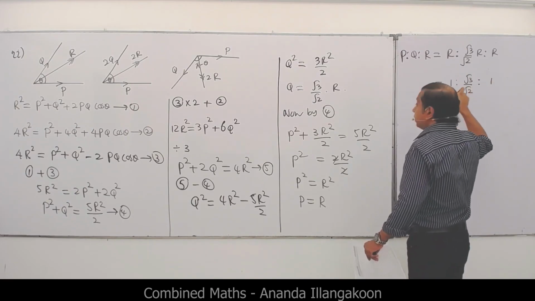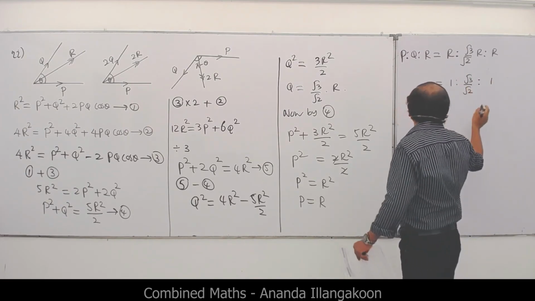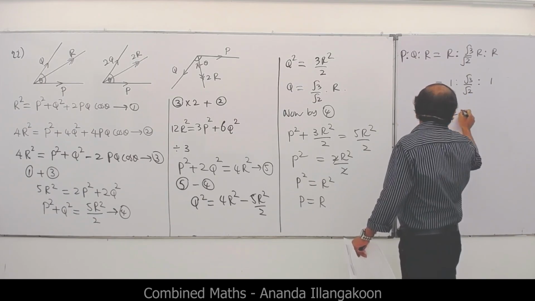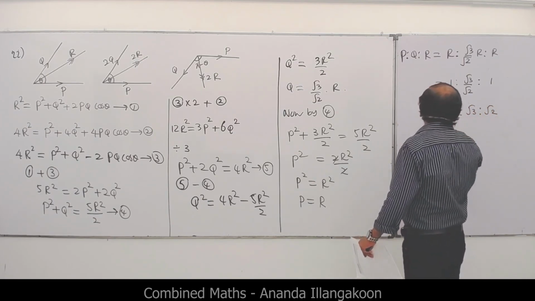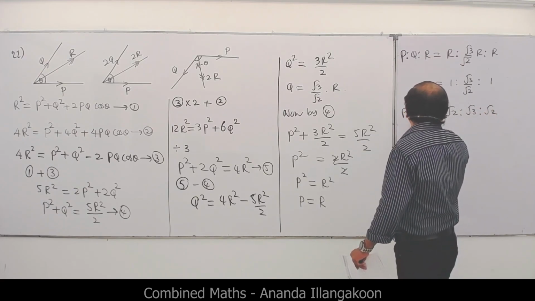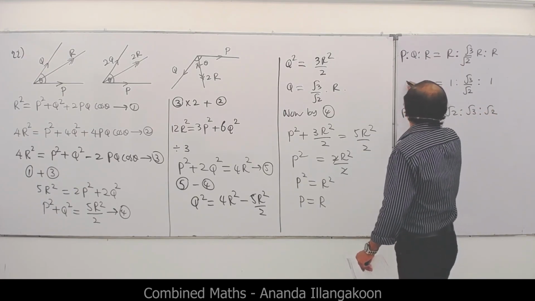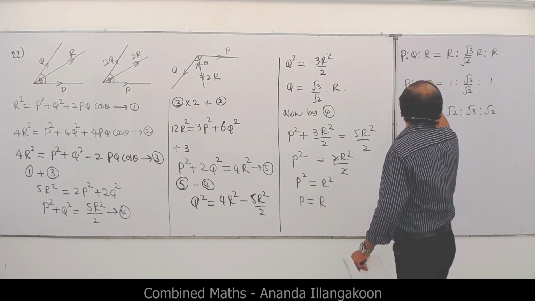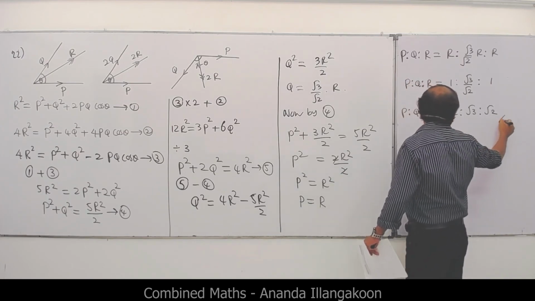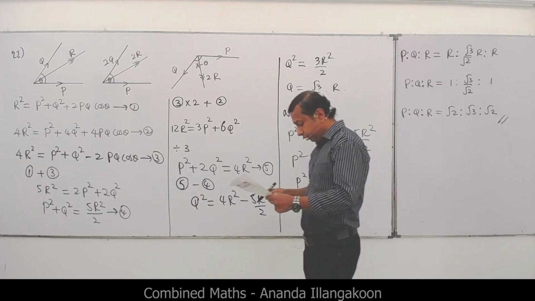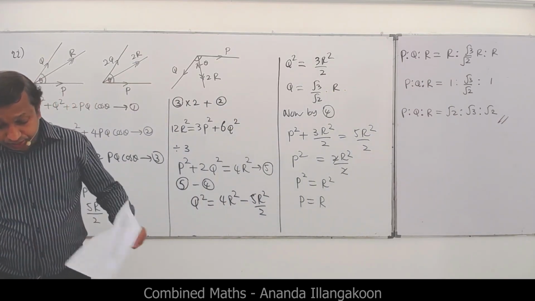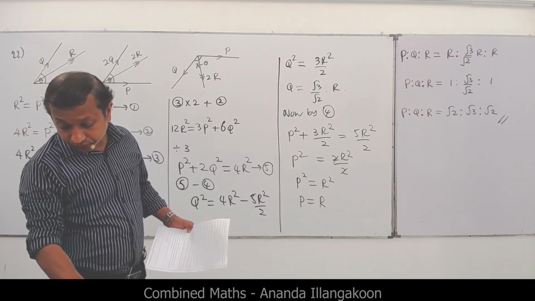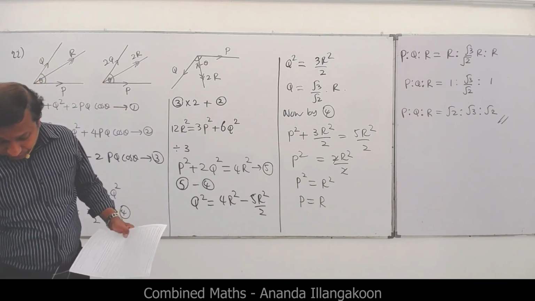Again we multiply this ratio by root 2. Then we get root 2 is to root 3 is to root 2 as P is to Q is to R. This is how we take that answer.